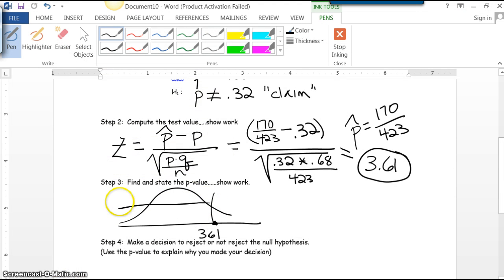That's the area to the left, and so the area you're looking for to the right is 0.0001. This is a two-tailed test, so you have to double this area on the right.